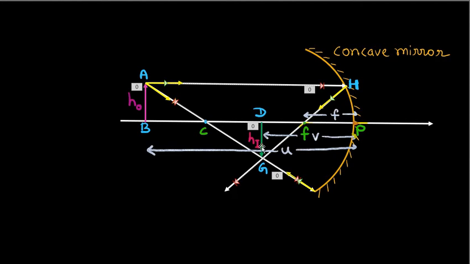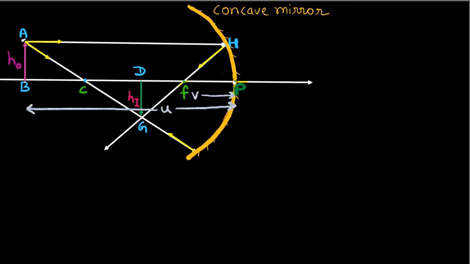The distance between DG, that is the image, and the pole of the mirror is the image distance, represented with the alphabet V. The distance between AB, that is the object, and the pole of the mirror is the object distance, which will be represented with the alphabet U. For the derivation of the mirror formula, we have to consider pairs of similar triangles.